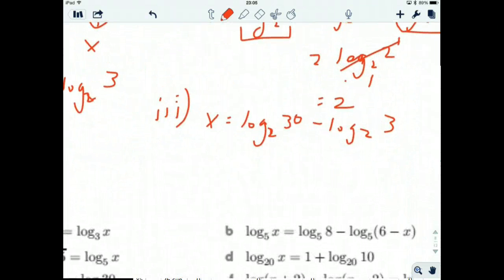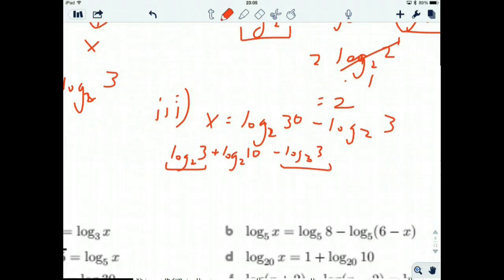So let's see, log base 2 of 30, you could write that as log base 2 of 3 plus log base 2 of 10, because 3 times 10 is 30. And then we have log base 2 of 3, subtracting it, and then we subtract one from the other, you get just log base 2 of 10.